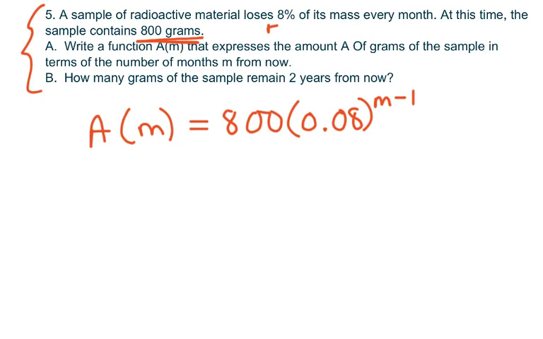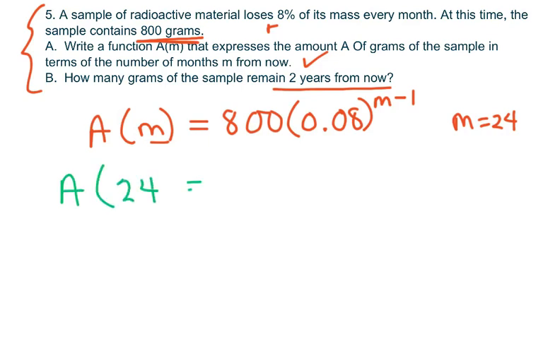Now they want to know what it is 2 years from now. Since we're going by months, our n is going to equal 24, and you just plug everything in. So a of 24 equals 800 times 0.08 to the 23rd power.